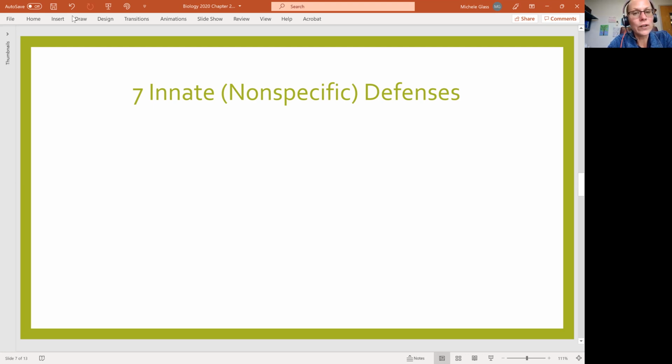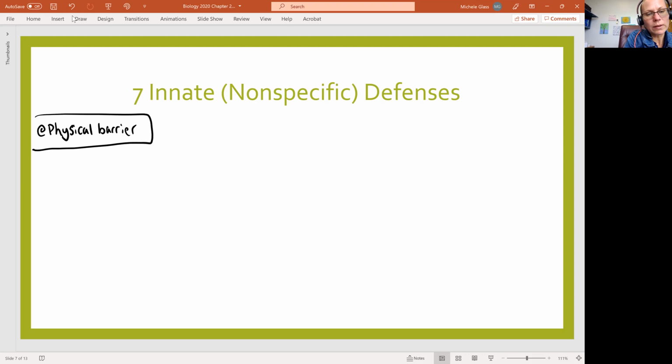So let's talk first about physical barriers. And here I think we should think about epithelial tissue, and we should think about this also in terms of glandular secretions.